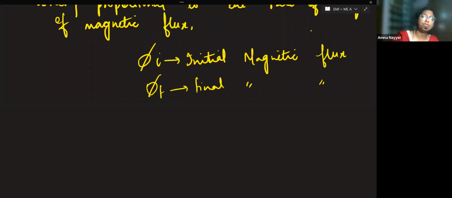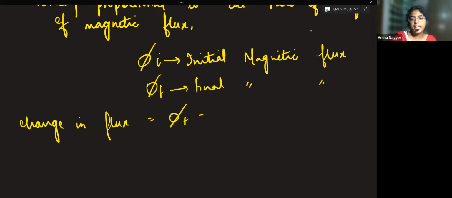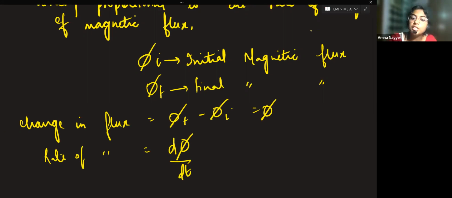So here also change in flux will be phi F minus phi I, right? Now rate of change in magnetic flux will be d phi over dt. This is the change in flux, rate of change of flux. Any quantity that gets divided by time or changes with respect to time, you call it a rate.